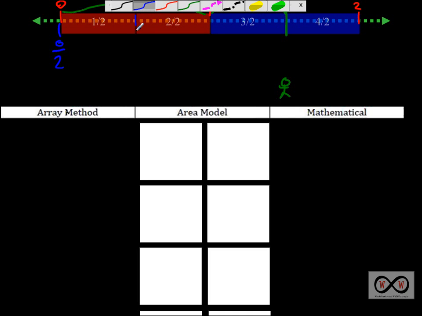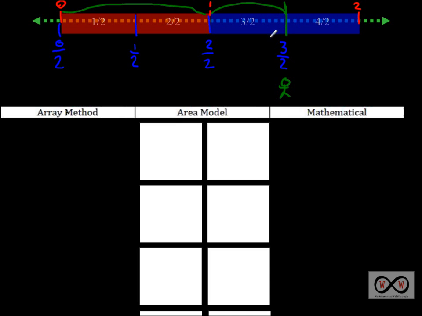If you travel 1/2 a kilometer, you'd have this fraction right here, 1/2, and then you'd be traveling 2 halves or 1 whole, as you can see above the number line up here. There's one whole up here. Then, like I said, we'll travel 3 halves. You might think of that as an improper fraction.